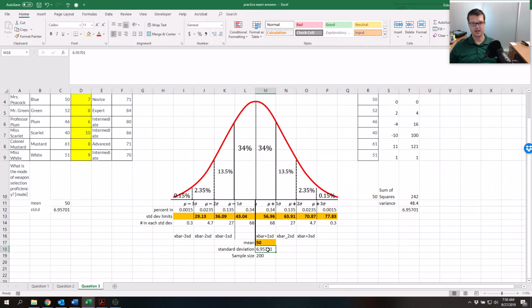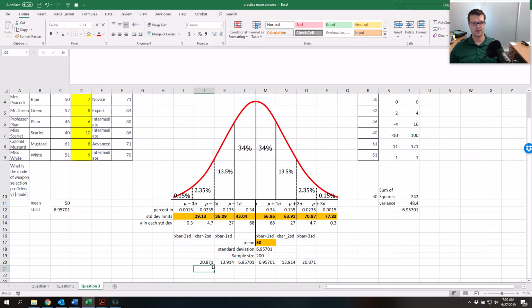Literally what I do is take the standard deviation, equals this, then equals 2 multiplied by the standard deviation, then equals 3 multiplied by the standard deviation, and the same for the upper limits.